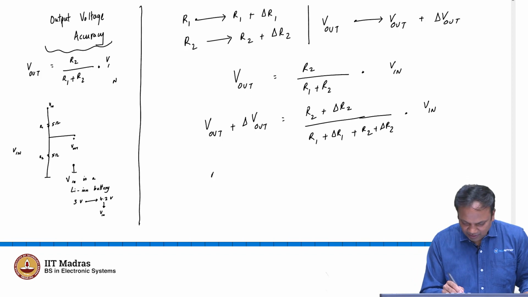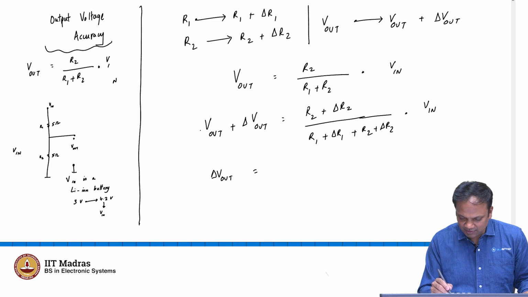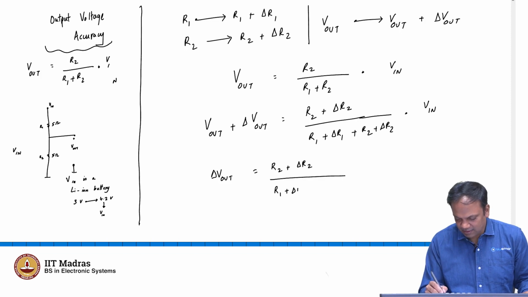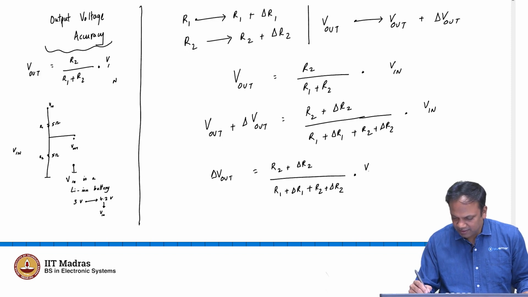So now delta V out, I have just moved V out to the other side, it is R2 plus delta R2 by R1 plus delta R1 plus R2 plus delta R2 into V in minus V out, right.